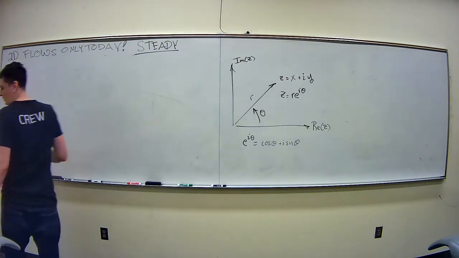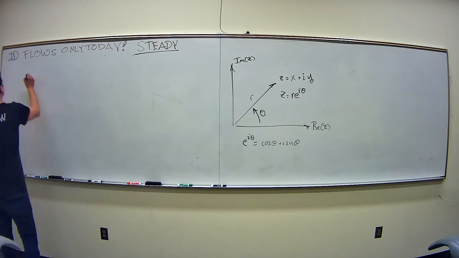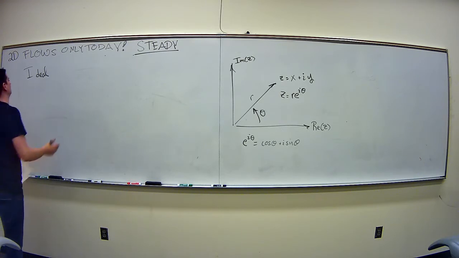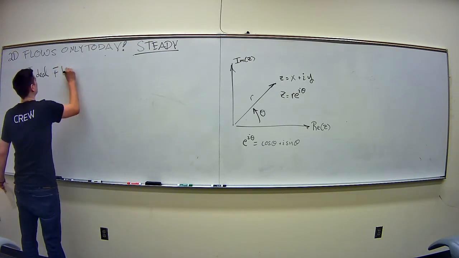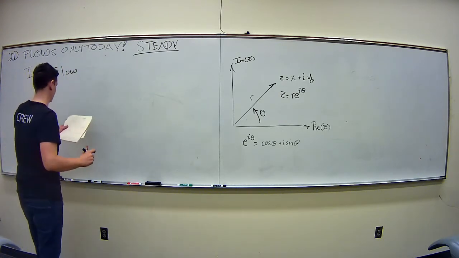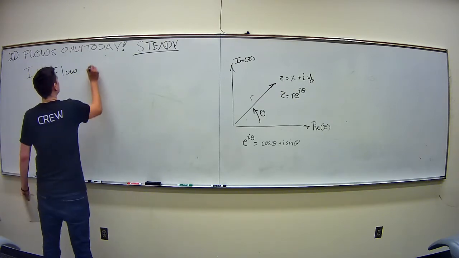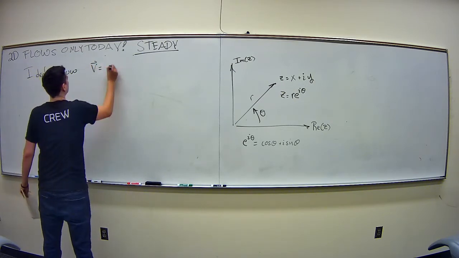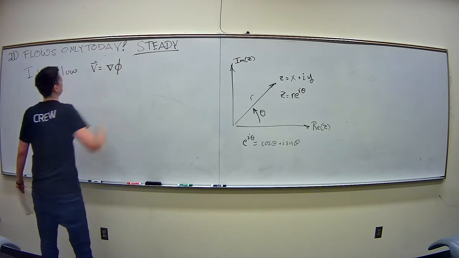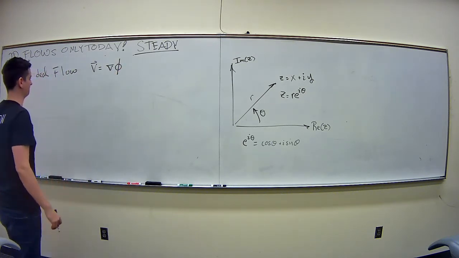So for an ideal flow, we already sort of stated the idea that for an ideal flow, inviscid flow, potential flow, however you want to say it, the idea is that the velocity field is the result of the gradient of a potential function.